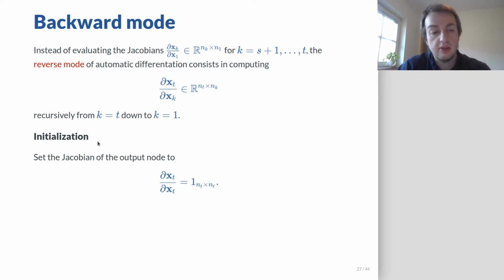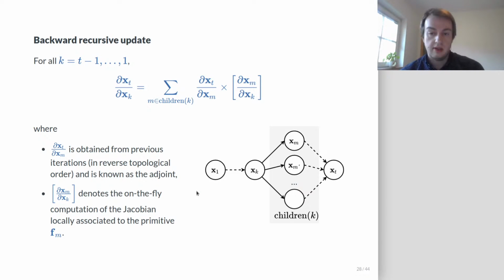Right? And so for the initialization, now we'll just consider one node, which is the Jacobian of xt with respect to itself, xt, and which corresponds to the identity matrix of size nt. And then we can make use of the chain rule, but in the other way around, to express the Jacobian of xt with respect to some now intermediate variable xk. So what we want is to compute the Jacobian of xt with respect to this variable xk, right?